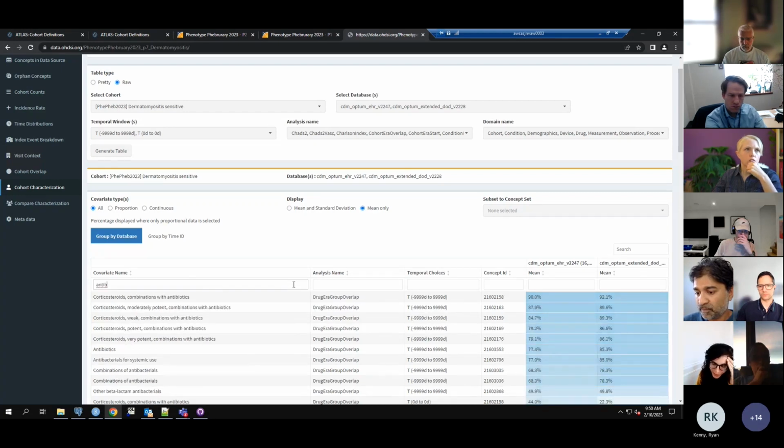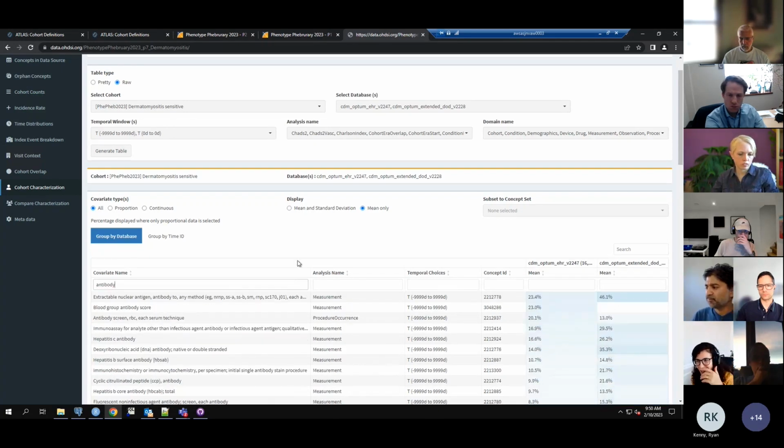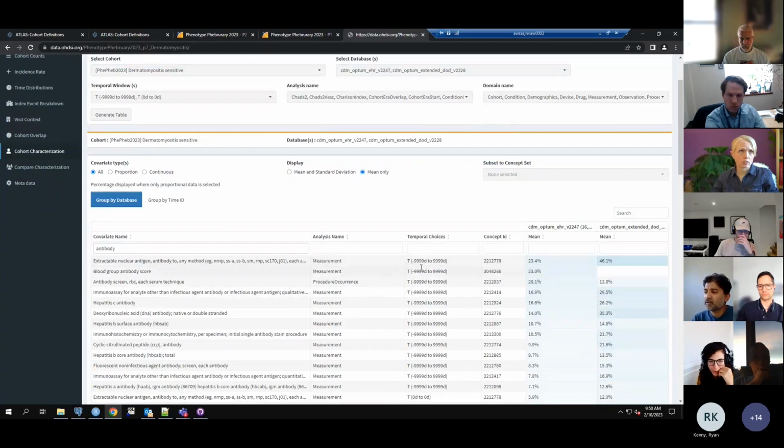Let's not get hung up on the naming, because there are two codes that you're requesting. Sure. So if this concept is representative of the antibody testing, then in one data source at least it says 46% of the people had this test at least once in their entire observation period.